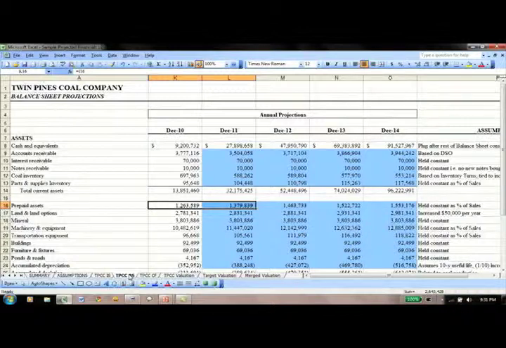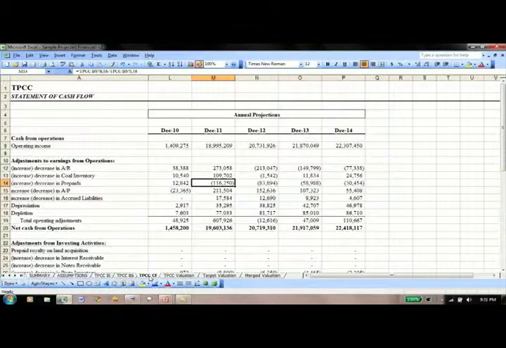The balance stood at 1.26 million, but as of December 2011, the balance had gone up to 1.379 million. Anytime there's an increase in a prepaid asset, that means that you are forking cash out of the company. So if we go back to the statement of cash flows, we should see a negative number, which is what you have there, the negative 116,250. That means the impact from a cash flow perspective was negative.